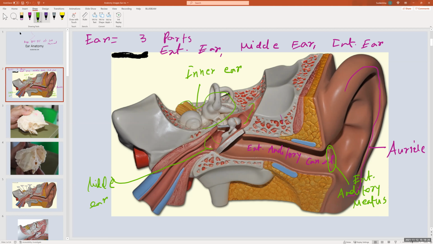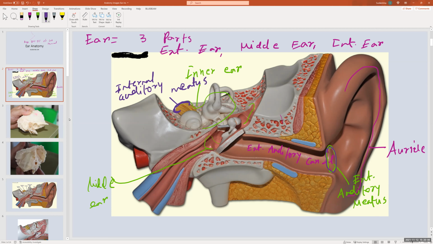Internal auditory meatus is the opening here, the end of the ear structures. So external auditory meatus, internal auditory meatus. Within that lies most of the structures of the ear.